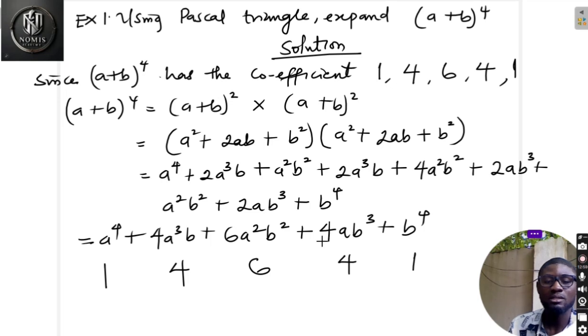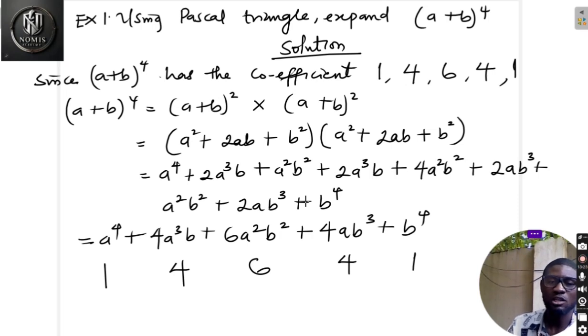So once I'm able to get the ab combination, I can just put in my coefficients from Pascal's triangle, as Pascal found out. The power of a decreases from 4 to 0, and the power of b increases from 0 to 4. I hope you understood everything we did in this video.